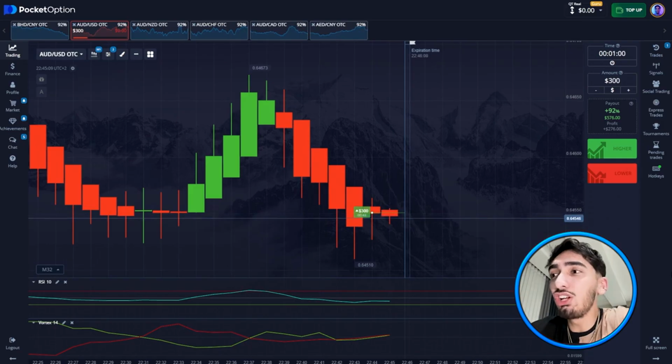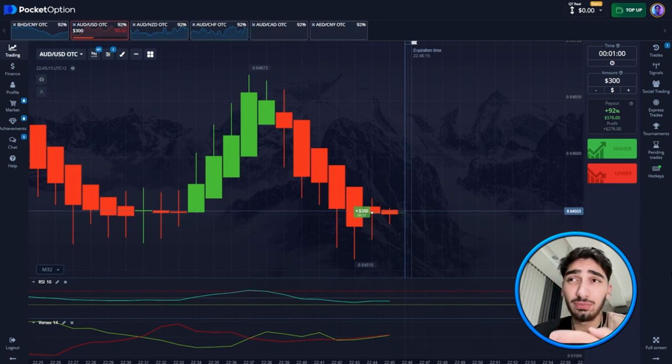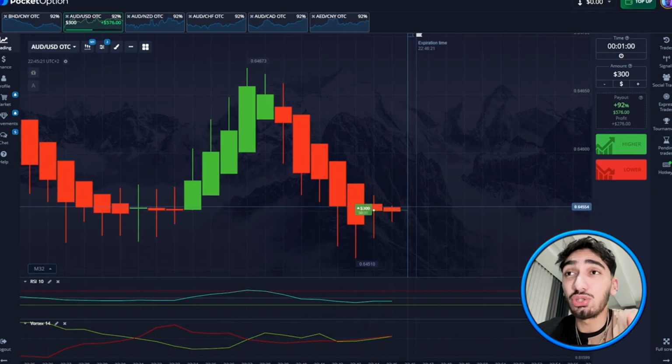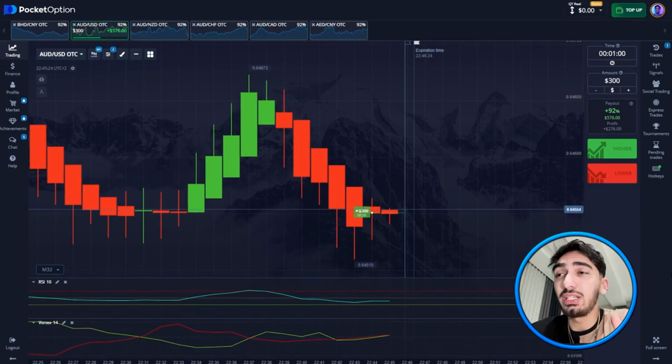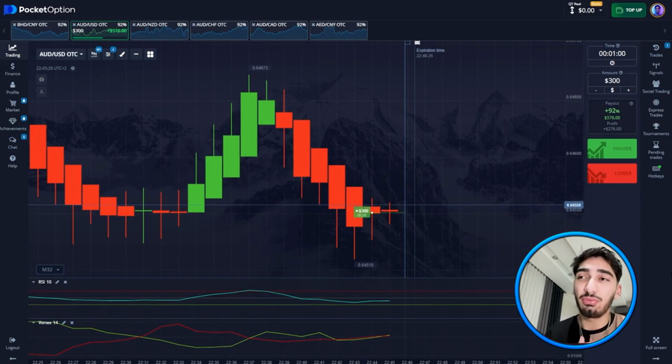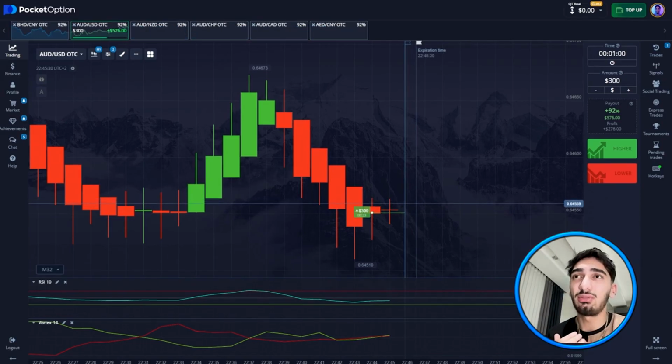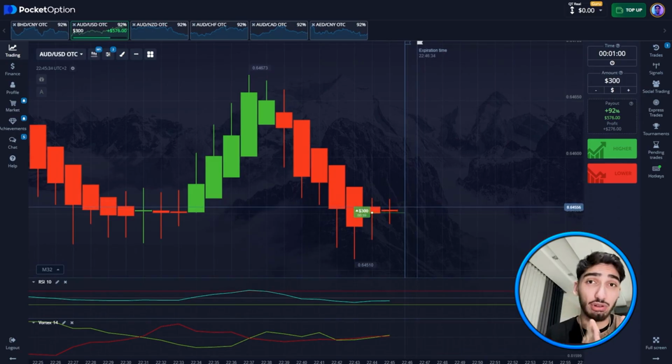If you take a look at both of the indicators, guys, first of all, I can see that we were just going for short, but then the RSI gives me the vibe that we might be in the oversold zone, and we should be going for a little bit of high. At the same time, the sellers are really weak right now, and this is the opportunity for the buyers to dive into the market and start buying the currency.